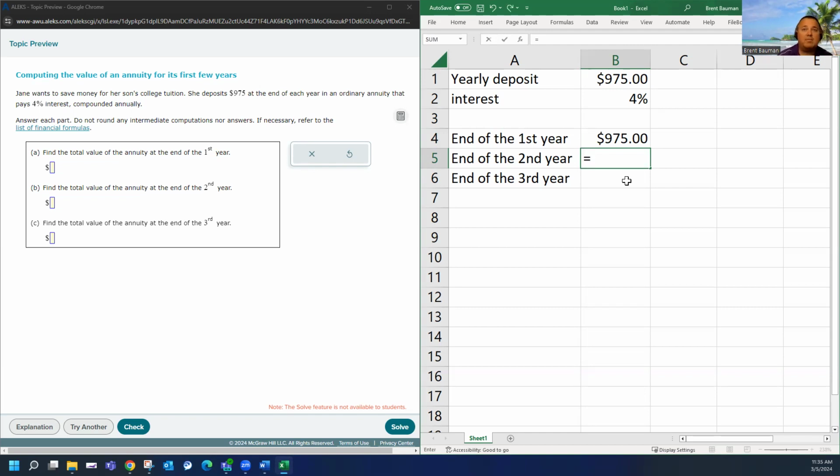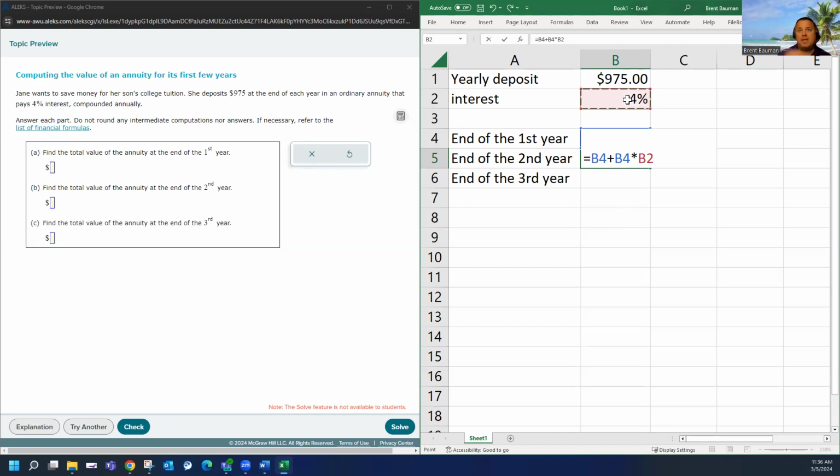So now at the end of the second year, this is where we start making a little bit of money. We have the original balance plus 4% of that balance. So I'm going to have plus the balance that was already there, which is the B4, times the rate.